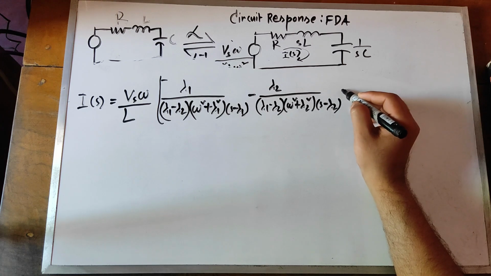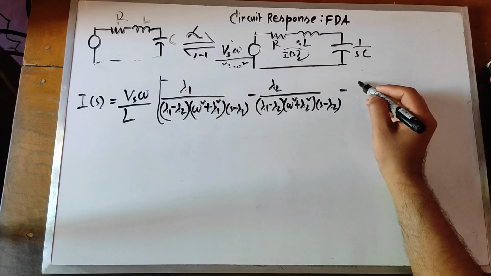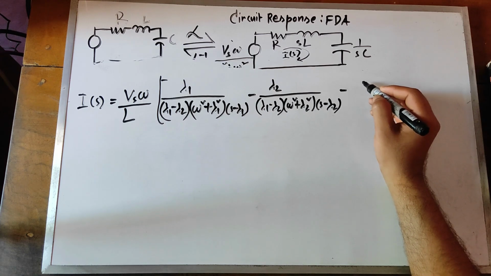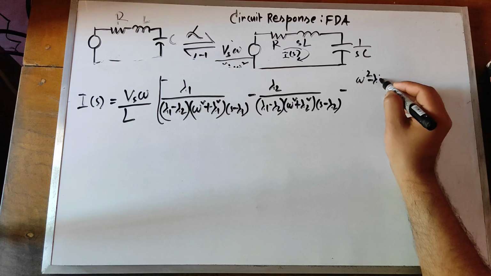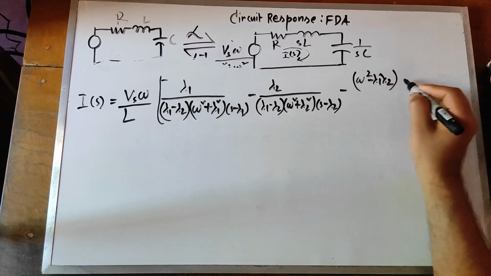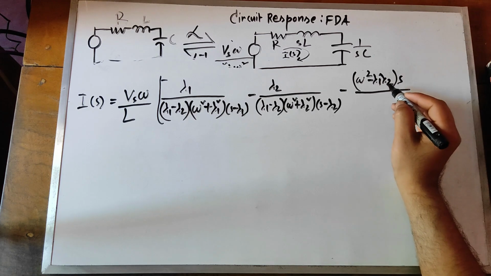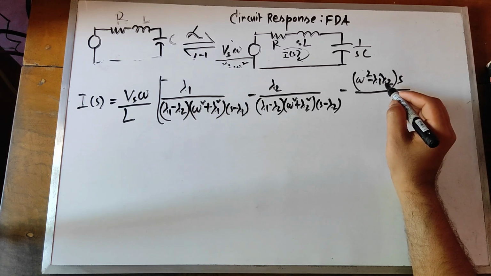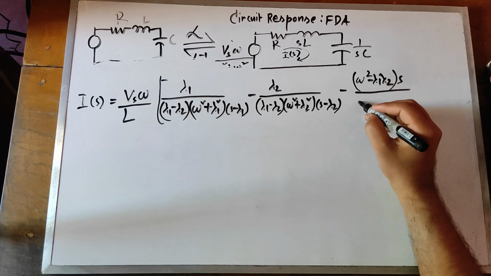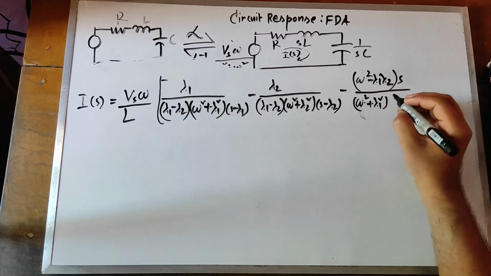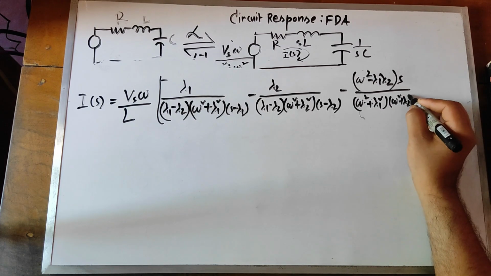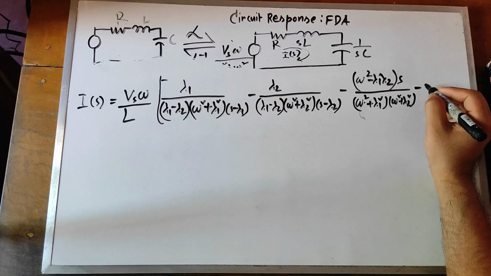Then D is minus, sorry, Cs is omega square minus lambda 1 lambda 2, s by lambda 1 square omega square plus lambda 2 squared, again minus.